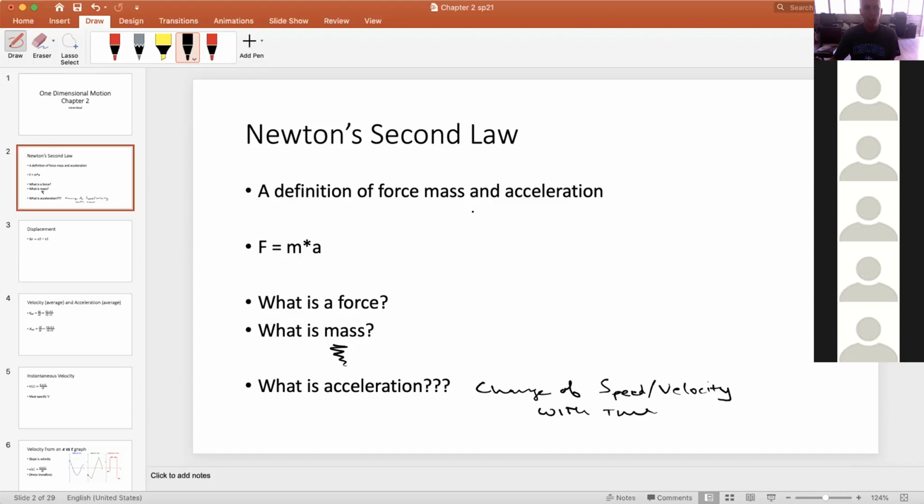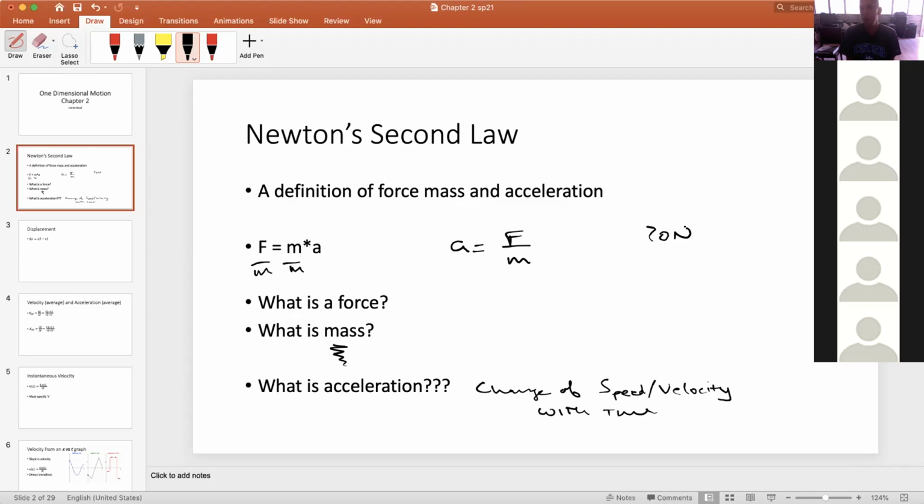And that definition of mass comes straight from this. If I divide through by m on both sides, I get that the acceleration is the force divided by mass. The more massive, well, let me apply a 20 Newton force. The more massive an object is, the smaller acceleration it gets.